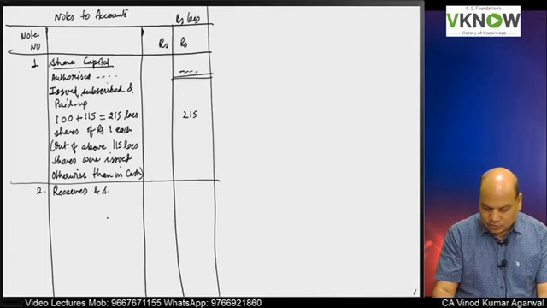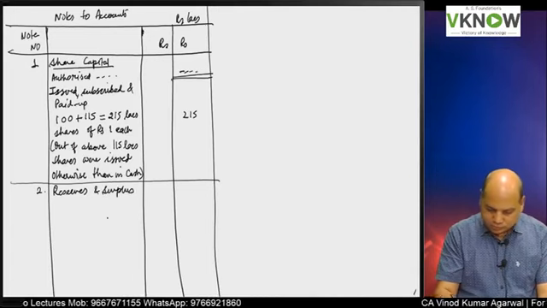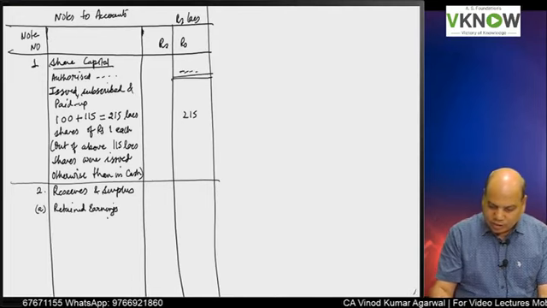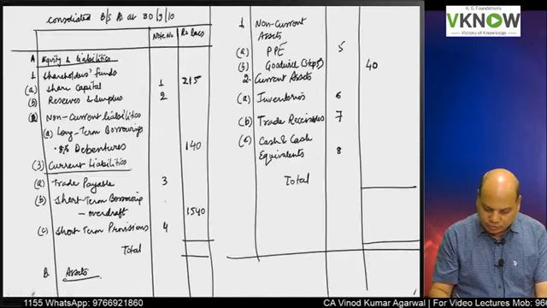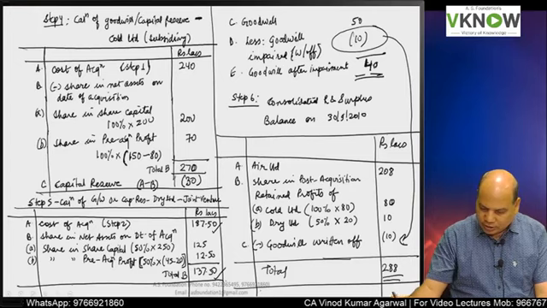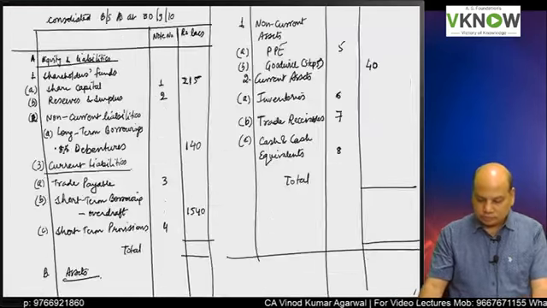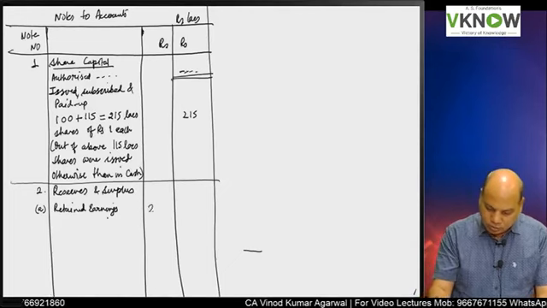Reserves and surplus. Here A, write down retained earning. Do you remember retained earning? We have prepared a working note, retained earning, step 6, 288.